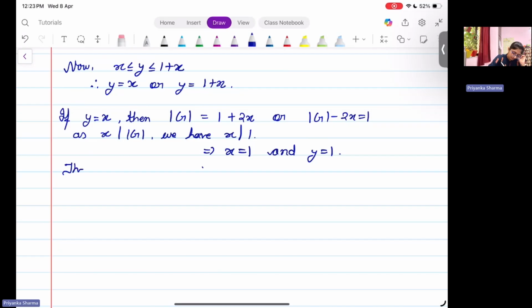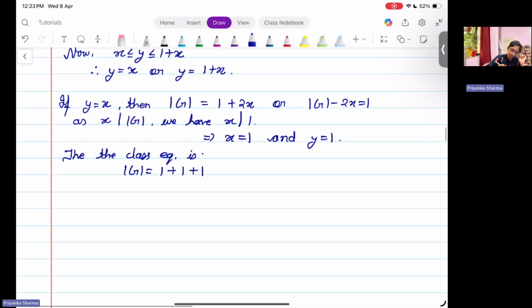Thus, the class equation will be order of G is 1 plus x plus y, which sums to 3. Okay, so in the class equation, all the conjugacy classes have exactly one element, it means the group is abelian.